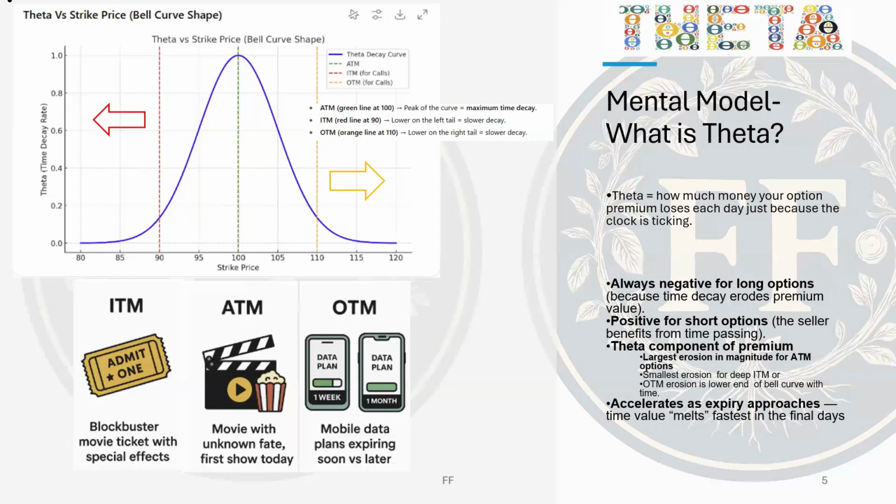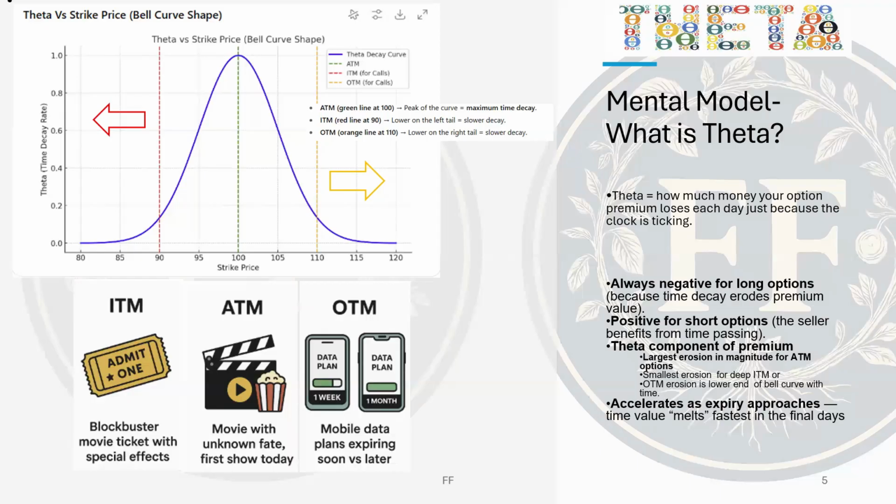And again, what we are saying, this is real data. If we look at and analyze the real data of how time value or theta operates, we will notice that the further the strike price, in this particular case, it is the call option, further the strike price, this is also, by the way, valid for the put option.